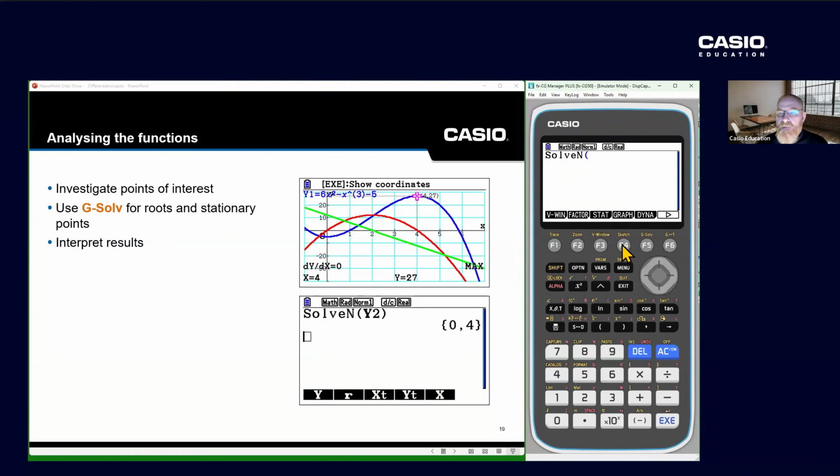And if I use vars and graph, I'm just saying when is y2 equal to 0. Notice I'm not equating it to 0 because you don't have to. And when you solve that, it confirms that it is at 0 and 4, which we've just demonstrated graphically. So you've got a choice there, numerical or graphical. It does help your students give them that option.